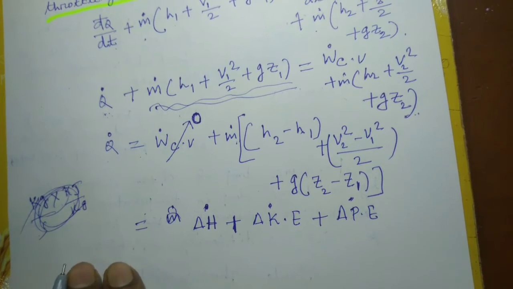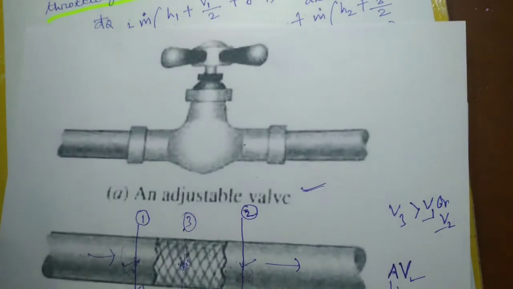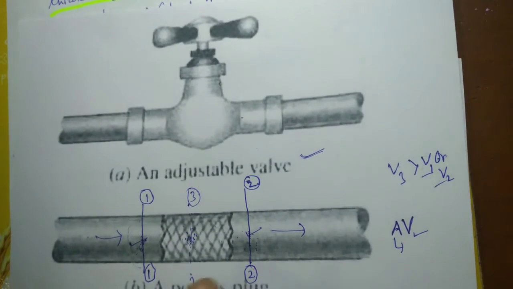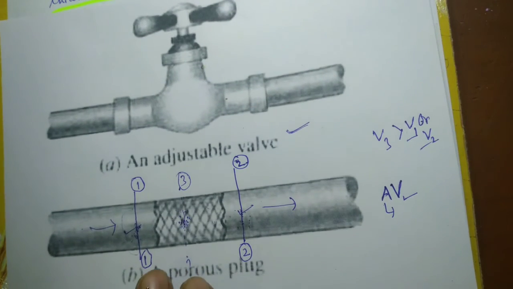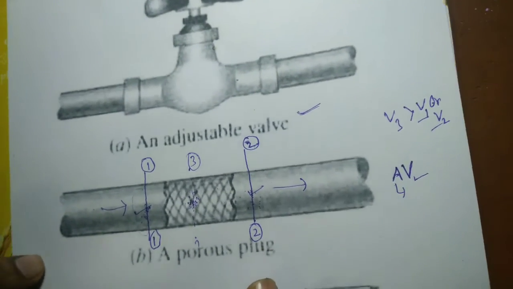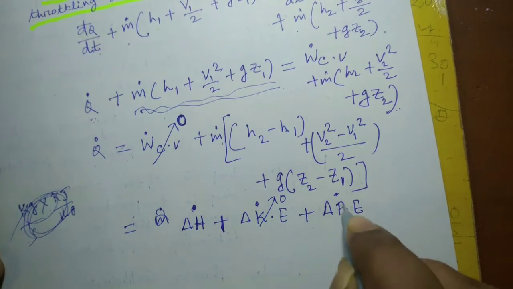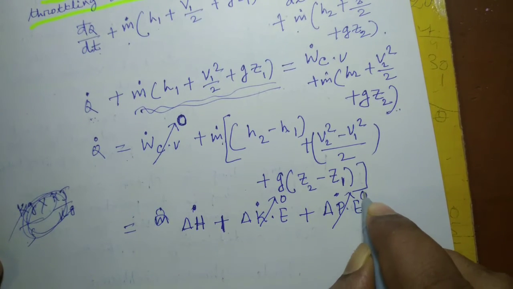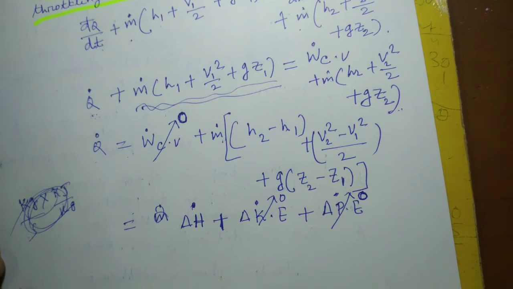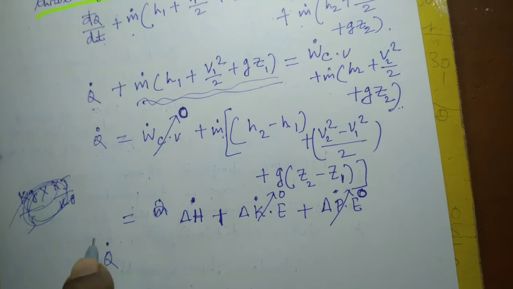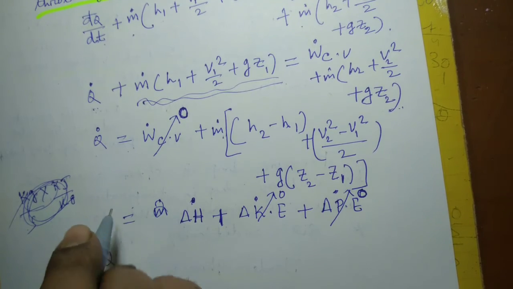लेकिन हम तो ये assumption लिए कि there is negligible change in kinetic energy and potential energy. In this case there is negligible change in kinetic energy and potential energy. So these two terms will be reduced to 0 in this case. So now this equation reduces to this equation.